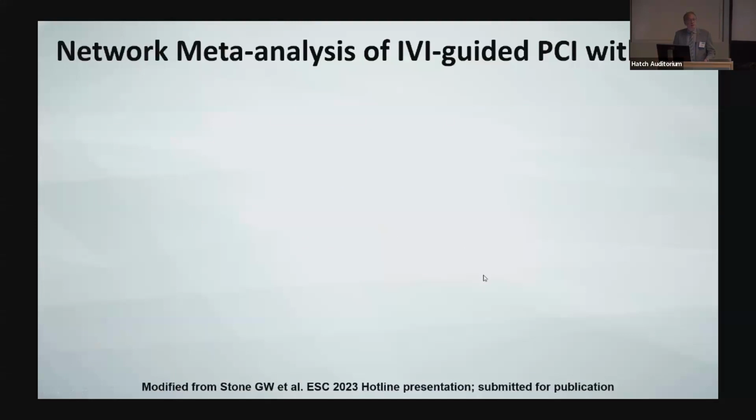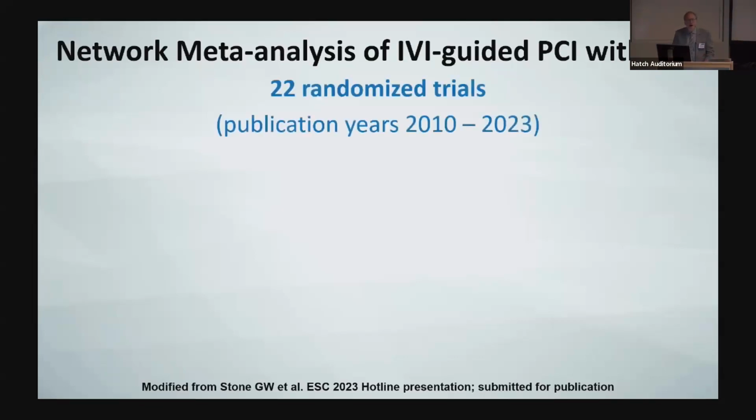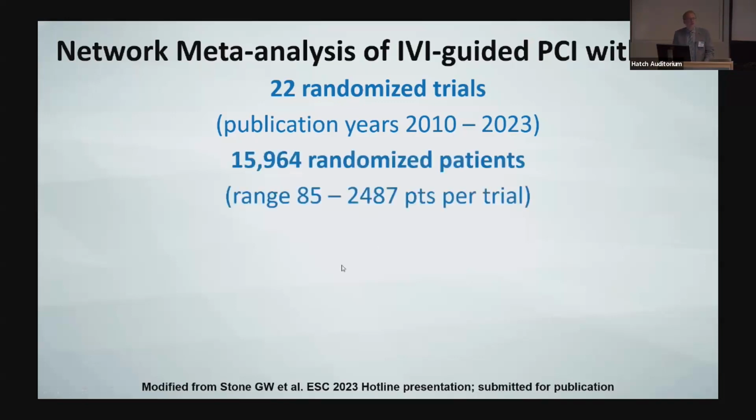So as I mentioned, there were 5 new studies of intravascular imaging versus angiography guidance, or against multiple different techniques, that were presented at the ESC. And so we actually performed an updated, sophisticated network meta-analysis of all of these trials. There have now been 22 randomized trials of intravascular imaging guidance published between 2010 and 2023 in 15,964 patients, with trial sizes ranging from 85 to 2,487.